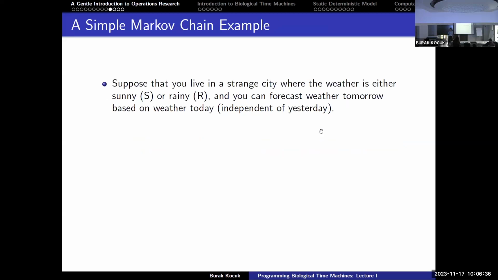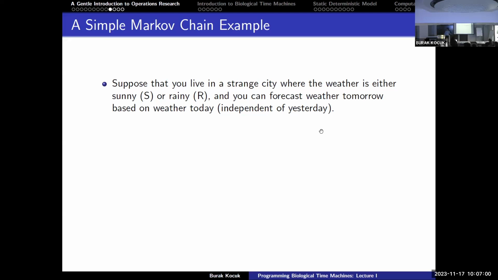Okay, but I need to give you one more example from operations research. An example of a really simple stochastic process called the Markov chain. So here's the example. Suppose that you live in this strange city where weather is either sunny or rainy, although Istanbul is a strange city, it's not following this.